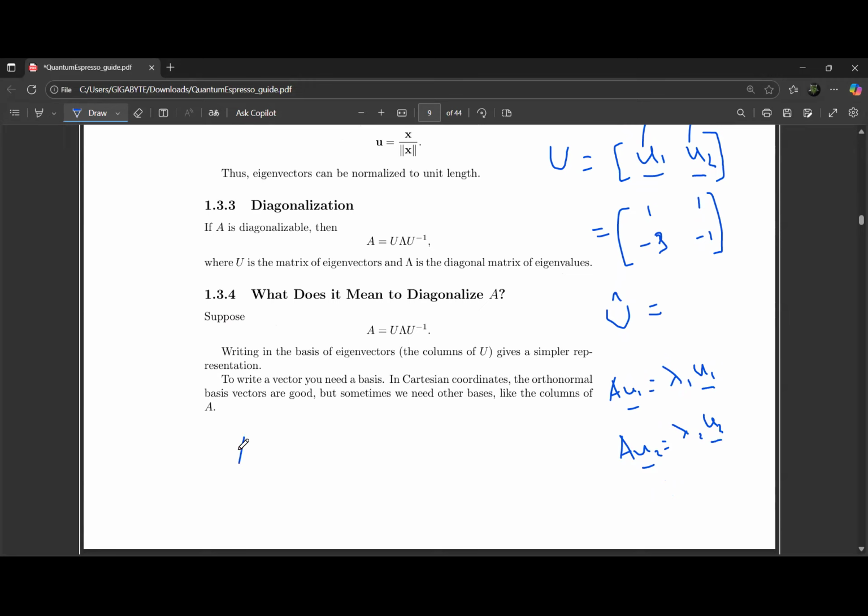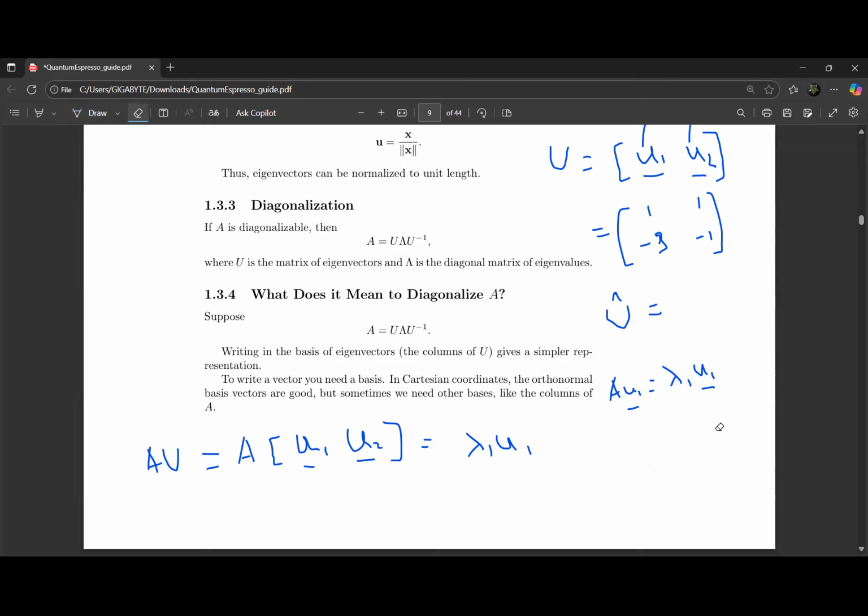And if we say we have both together, say A U, we will simply have lambda1 U1 and lambda2 U2.